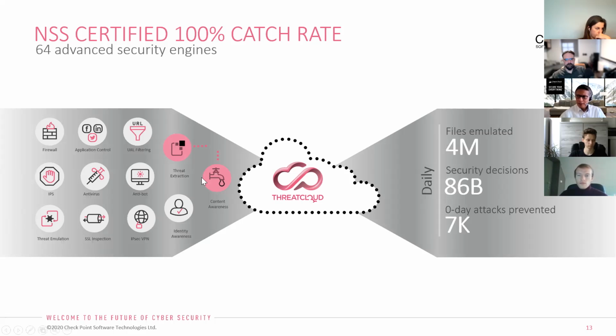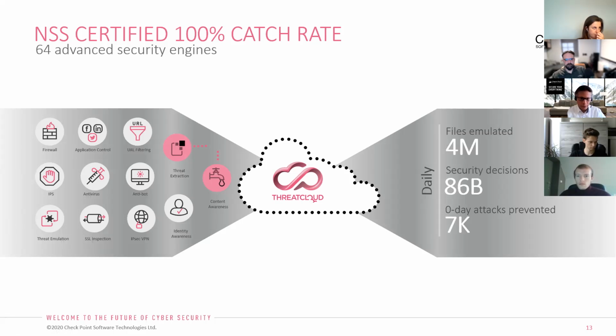So as you can see, all the solutions that we have are offered as well on the CloudGuard Edge solution, being the firewall, but also application control, intrusion prevention, antivirus, threat emulation, anti-bot, SSL inspection, URL filtering. Also something important is threat extraction, as I said, so the ability, if you download a file, to clean the file of the potentially malicious objects.